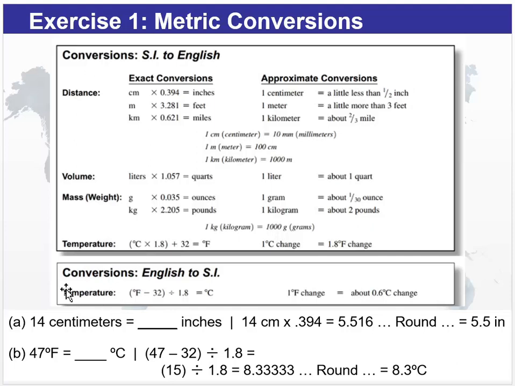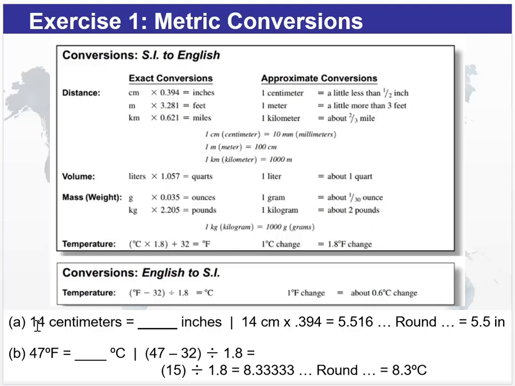So again, I have provided a quick example, and I'm going to walk you through some of these conversions very quickly. If we have 14 centimeters and we need to convert that to inches, how do we do that? We're going to have to go up here and find the correct conversion, where we're converting centimeters to inches. Thankfully, up here we can see that centimeters times a given factor will give us the inches.